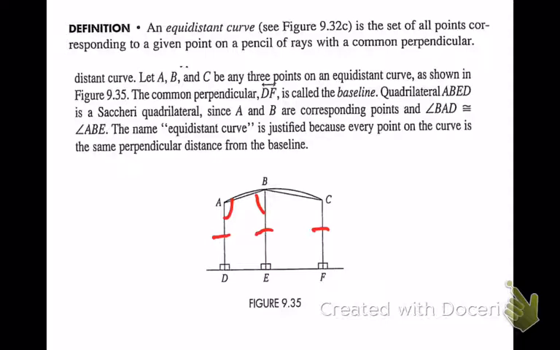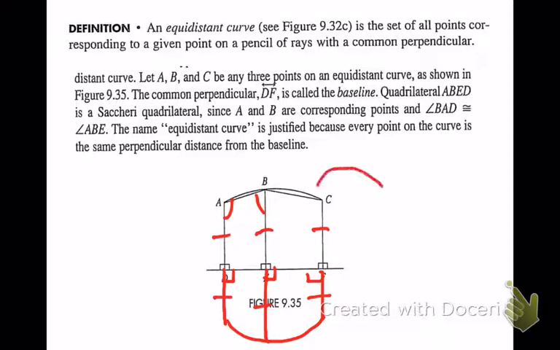Now, what they're going to ask about in the homework is the branches of an equidistant curve. So I can go in the opposite direction on this equidistant curve, and that's another branch.